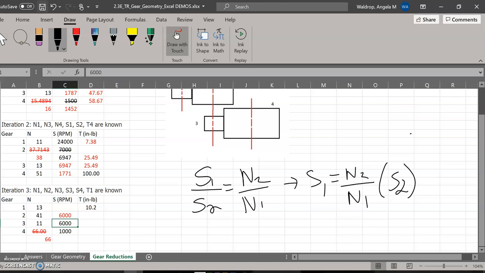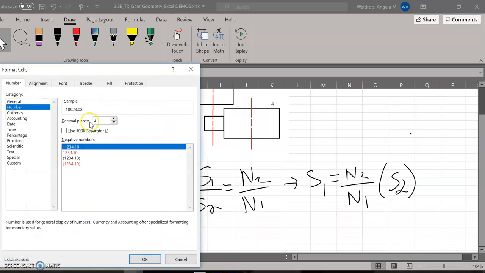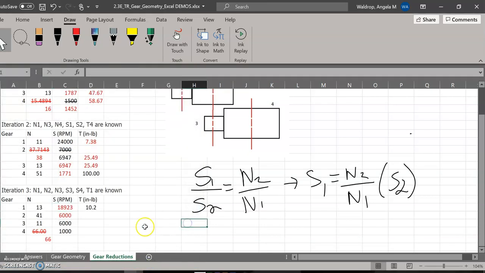And I'll go ahead and calculate that out. N2 over N1 times S2. And there's my speed. But I'm going to reformat that to go to no decimal places because that's how we like to format our speed.